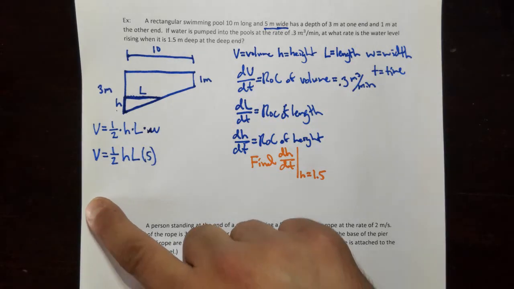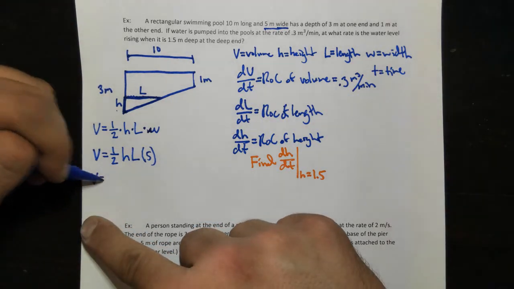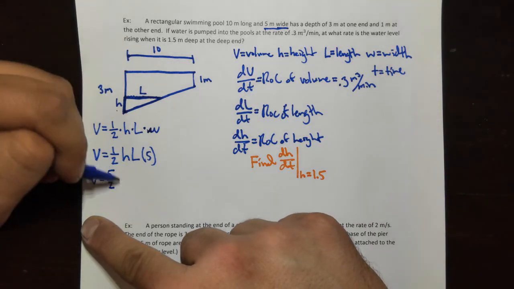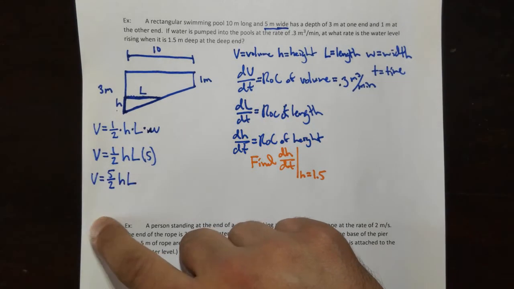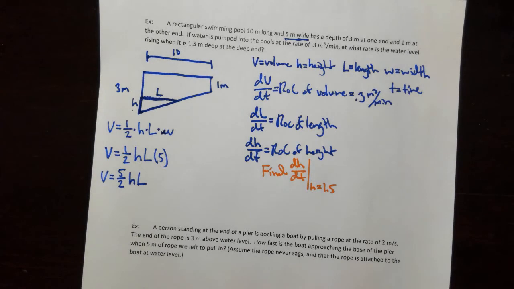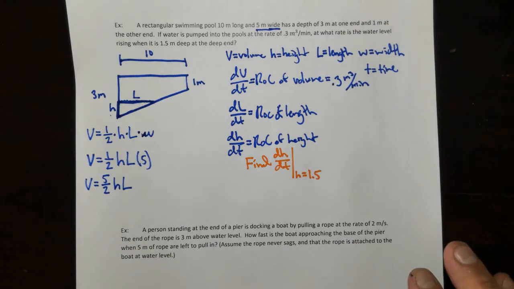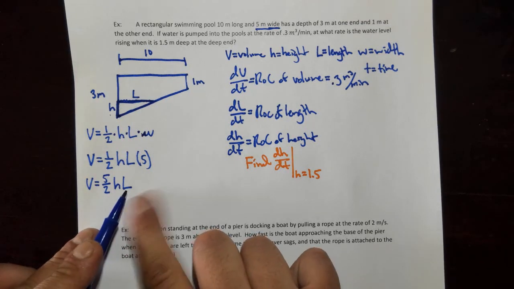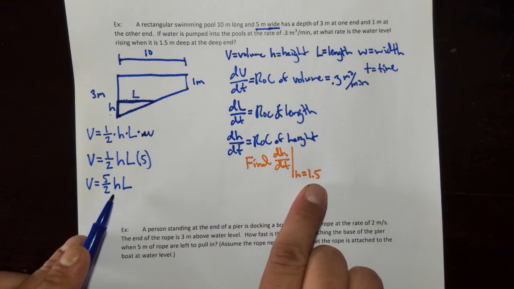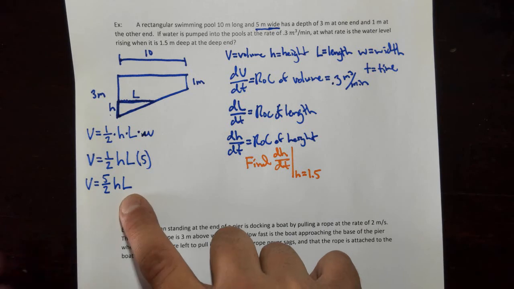And we can just clean this up. So V is equal to 5/2 HL. Okay, so now notice we're given a specific height, right? So that's good, but we're not given a specific length, and we need to find that out.